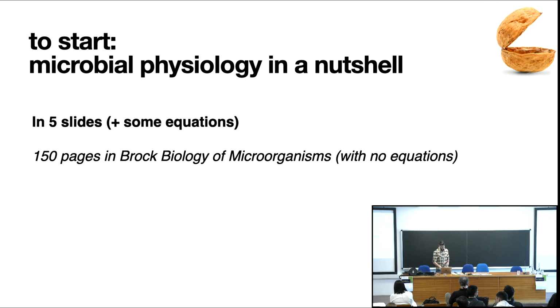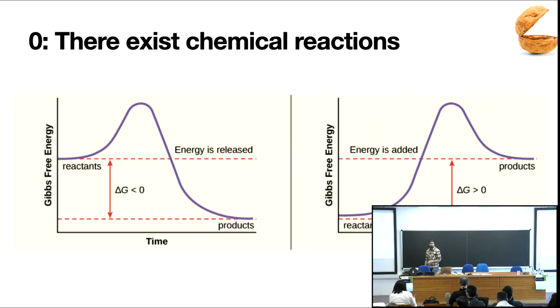So the first part, which is actually not about biology, but about chemistry, is that there exist chemical reactions, right? We are probably all aware of these. Chemical reactions proceed: you have some reactants, and with some rate, there are some products.